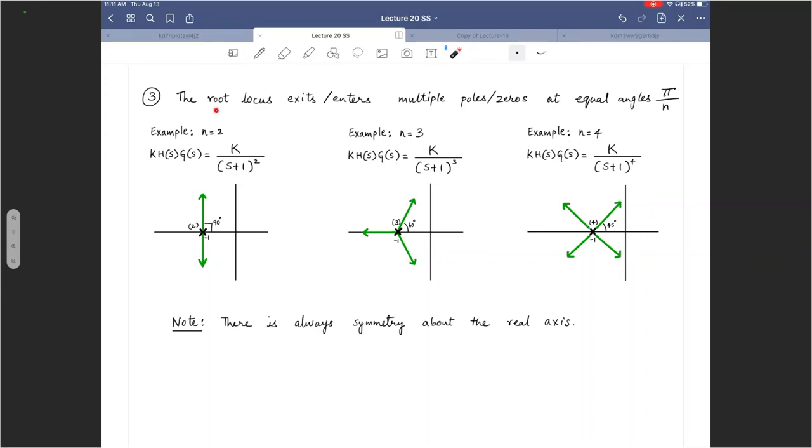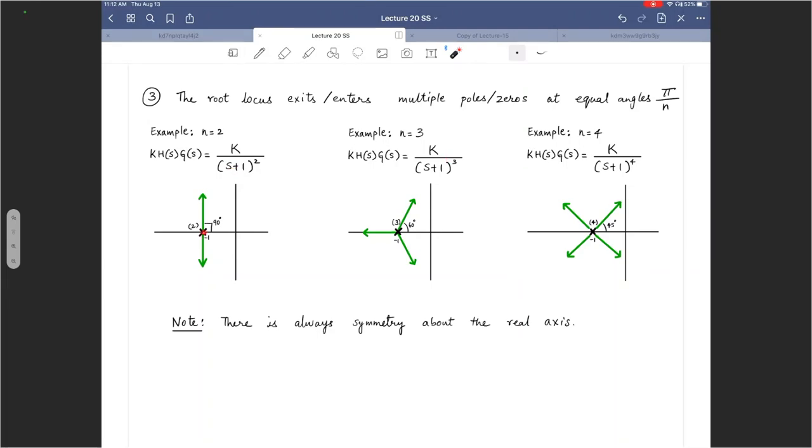So the root locus will exit or enter multiple poles or zeros at equal angles, pi over n. For example, we have here a loop transfer function in which we have 2 poles and then 3 poles and then 4 poles. But all those 4 poles are at -1.